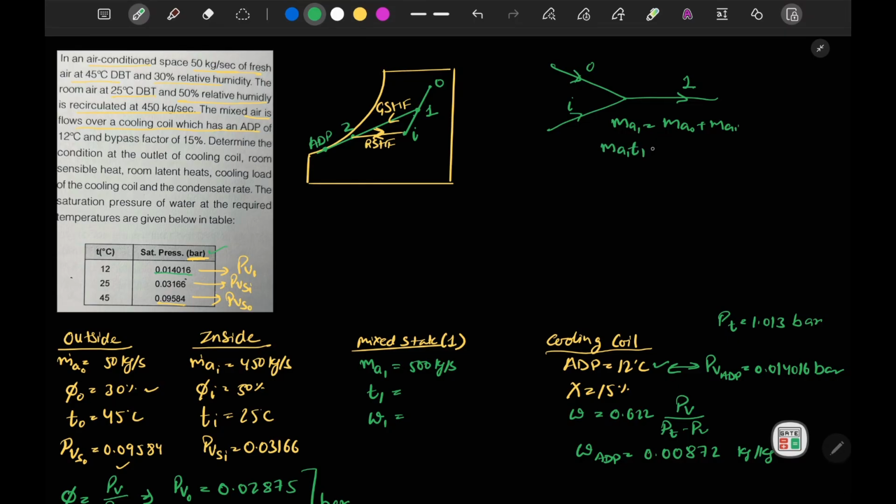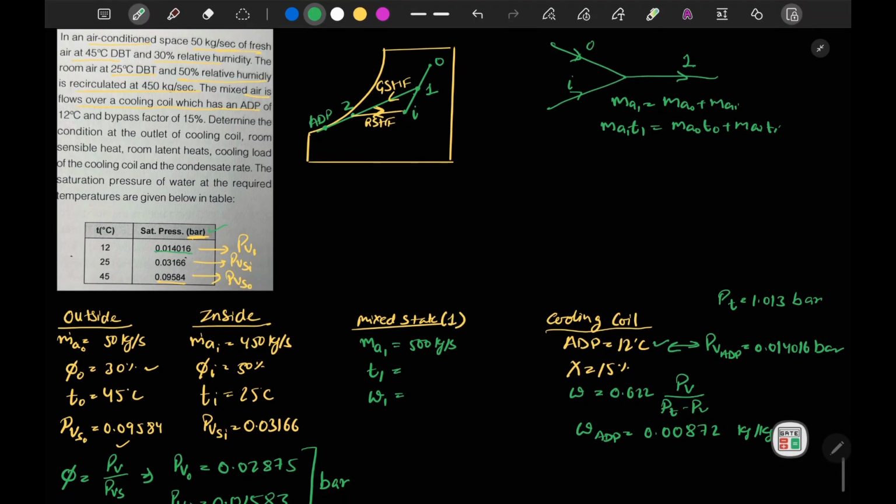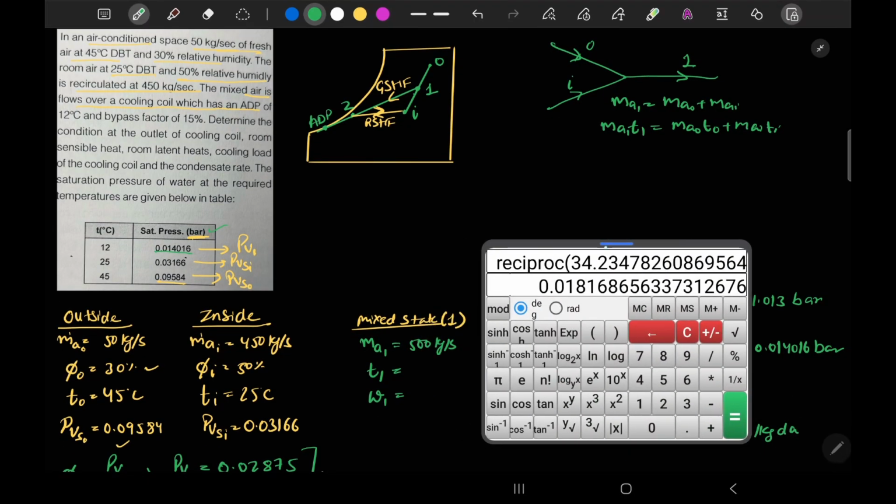Now, MA1 T1 is equal to MA naught T naught plus MAI TI. So let's calculate the value of T1 first. MA naught is given as 50, T naught is 45, plus MAI is given as 450 into TI, which is given as 25.